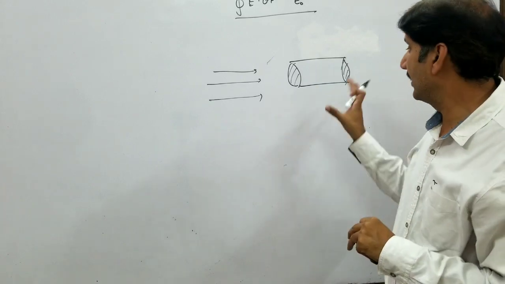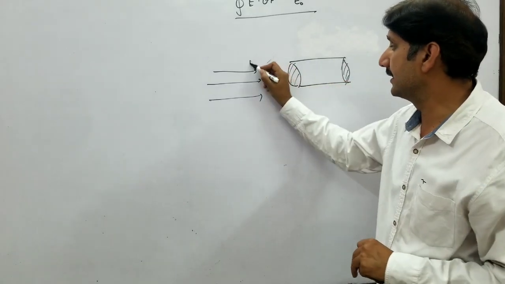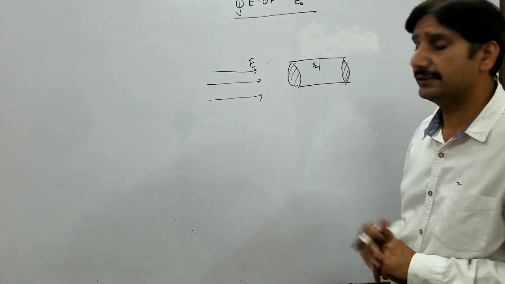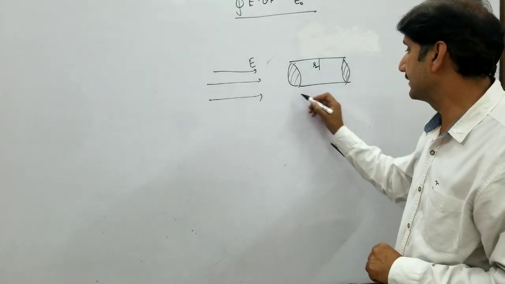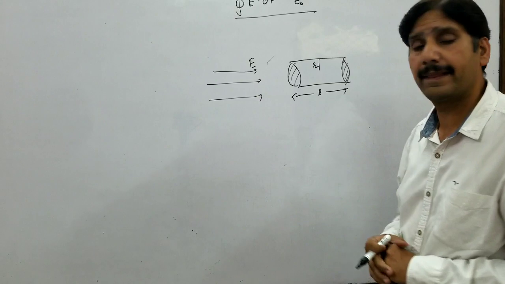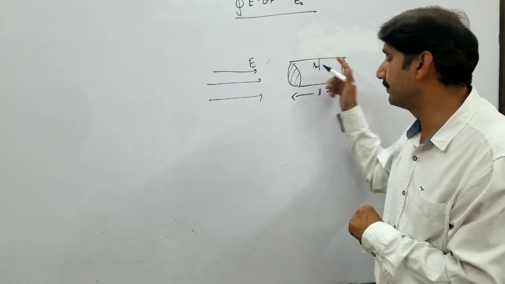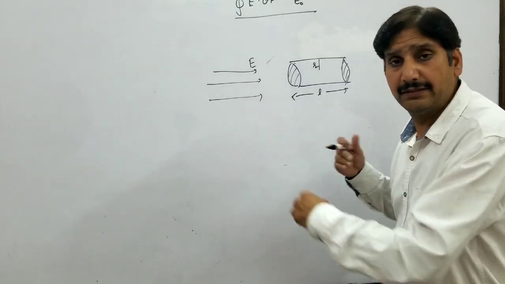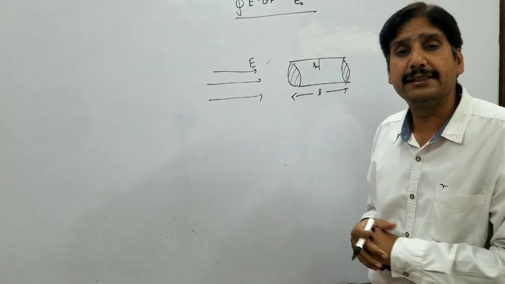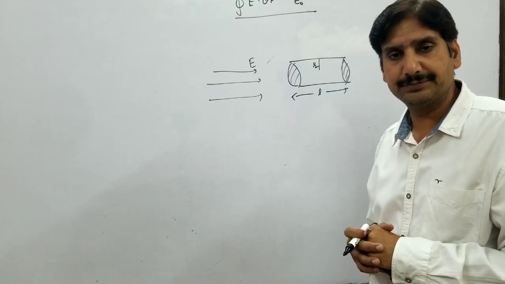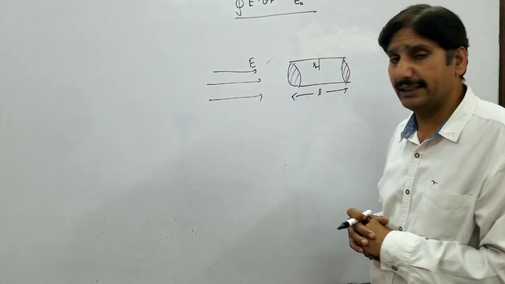What is the total flux through this? Let's say its radius is r and its length is L. Its total surface area is 2 pi r times L, the curved area, plus twice the area of the caps, which is 2 times pi r squared. This is the total area.